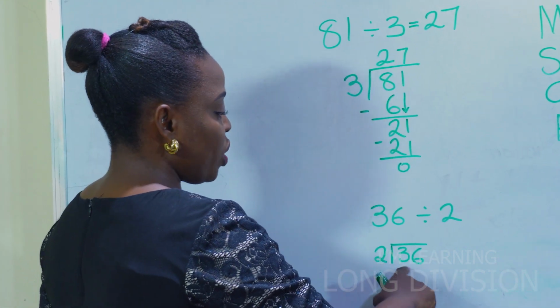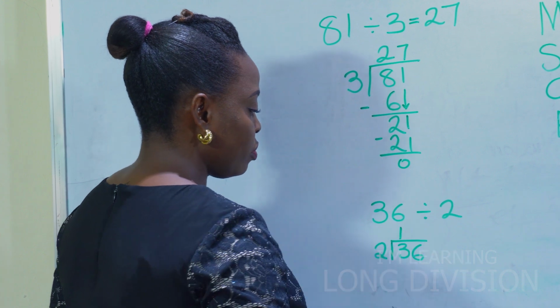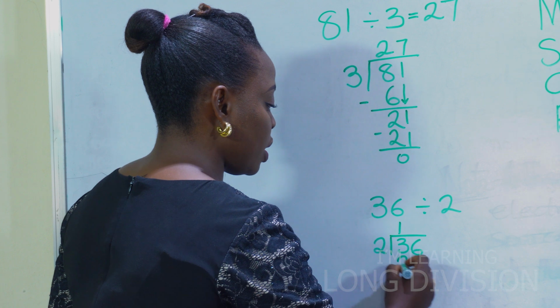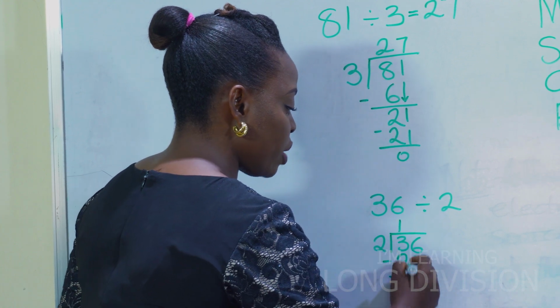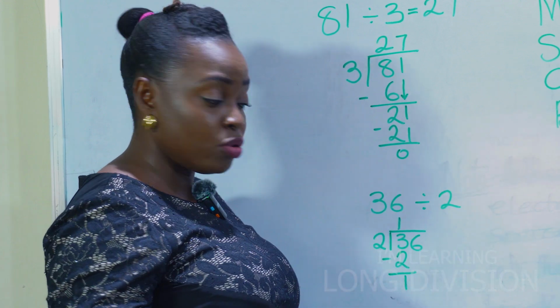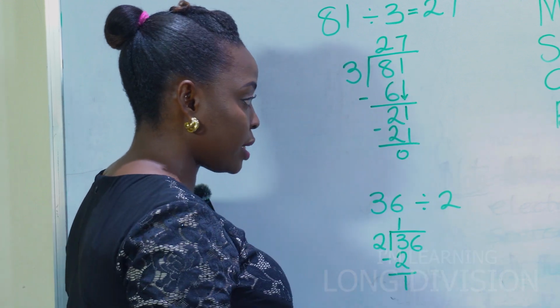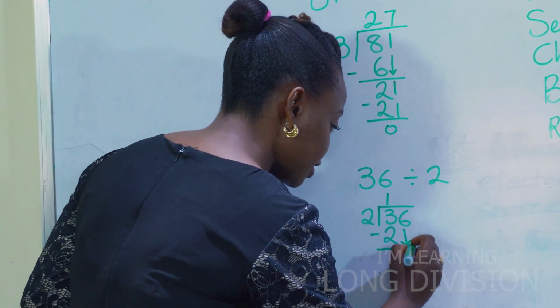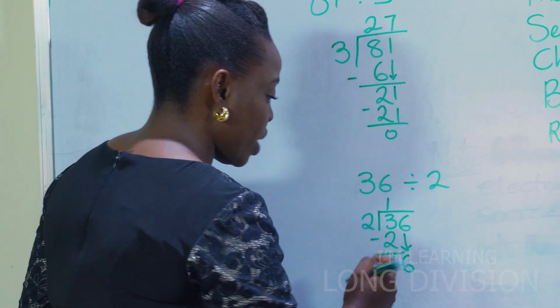Now, 3 divided by 2 is 1. Then we multiply. 2 times 1 is 2, and then I subtract. 3 minus 2 is 1. I check, is there another number I haven't used? Yes, we haven't used 6 yet. So what do we do? We have to bring it down. Fantastic. We bring down 6 and then we have 16.